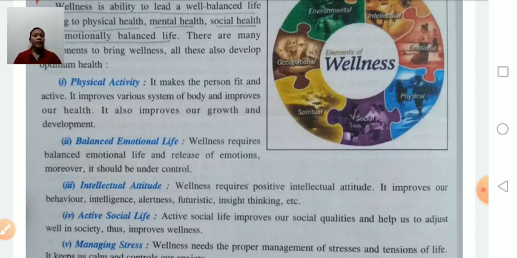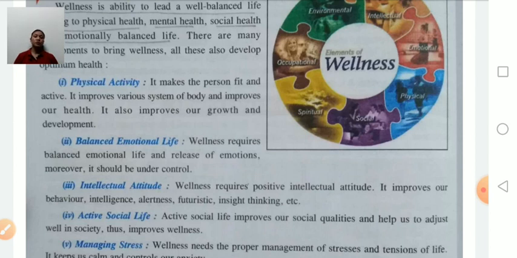If a person participates in physical activity, it makes the person fit and active, and it helps to improve various systems of the body and improve our health. It also helps in proper growth and development of the body.